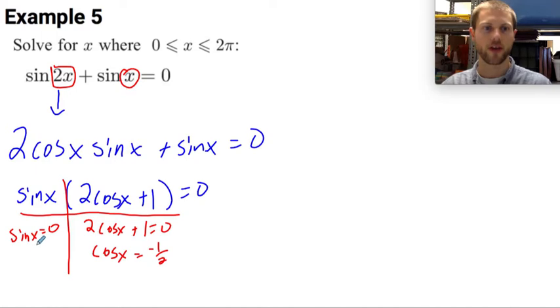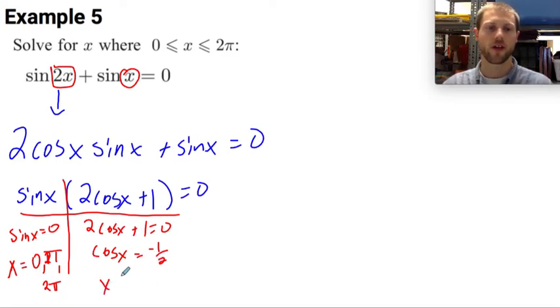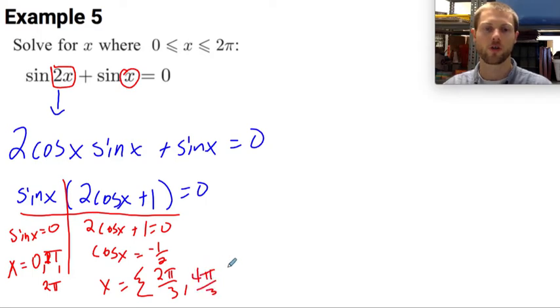The sine of x is going to equal 0 in, actually, 3 places in these boundaries: 0 and pi and 2 pi. And for when cosine of x equals negative 1/2, that's going to happen in the second quadrant and the third quadrant. So that's going to be 2 pi over 3 and 4 pi over 3.